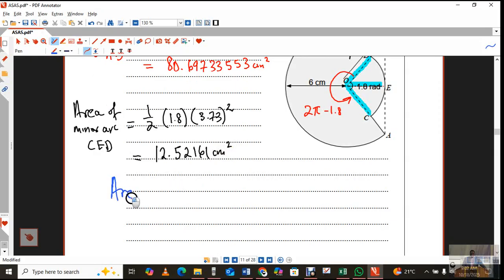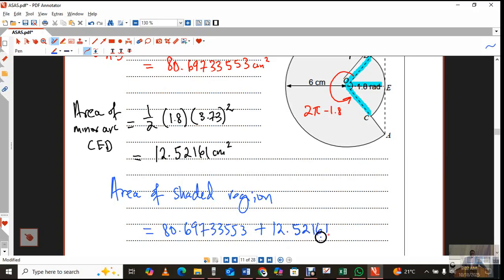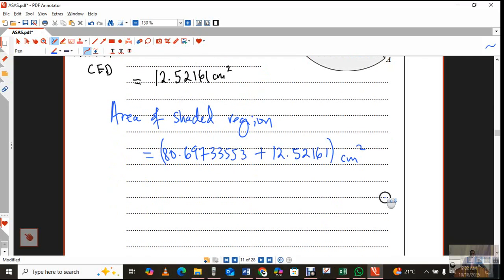Area of shaded region will be 80.697 all the way up there, 33553 plus 12.52161. If you add them together, that's what we work with.